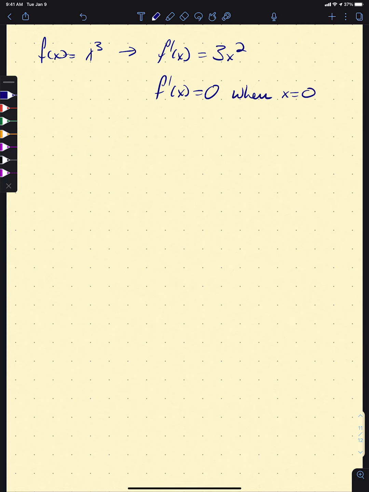So we've done it. f of x equals x cubed should have a local extrema at x equals 0. But as we know from our parent graphs, that's not the case. So it means we have to be a little bit more careful.